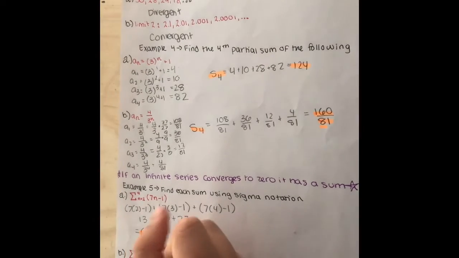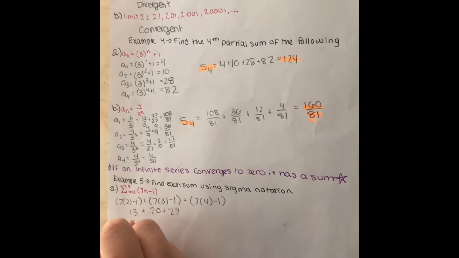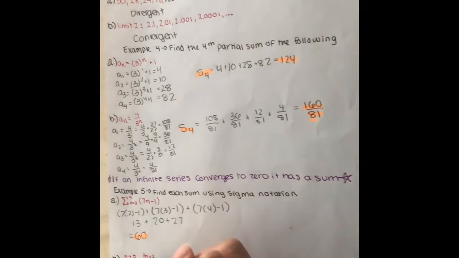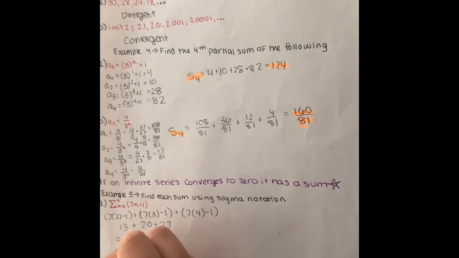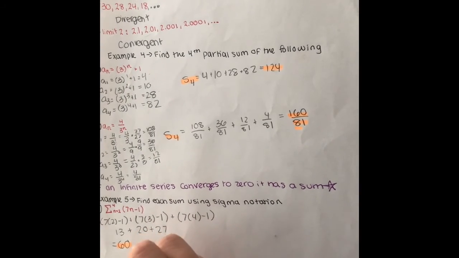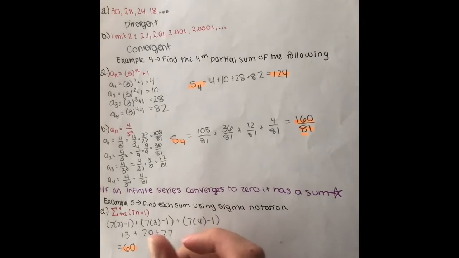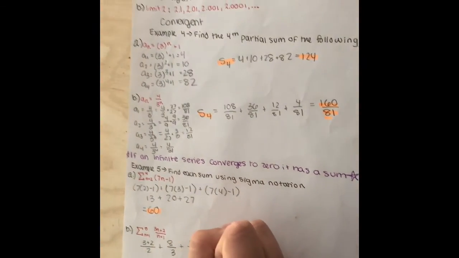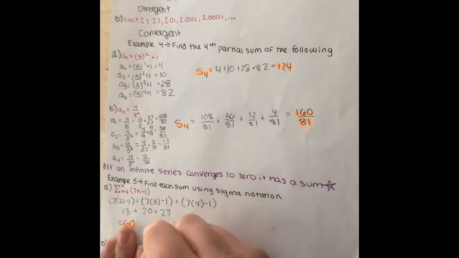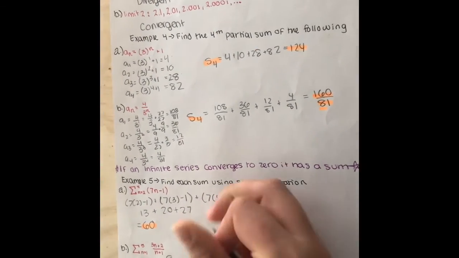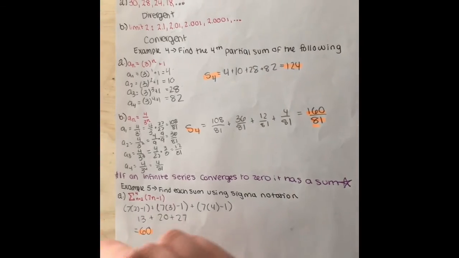So we're going to start at 1, so 3 times 1 is 3, plus 2, 5 over 2, plus 2 times 3 is 6, plus 2 is 8, over 2 plus 1 is 3, plus 3 times 3 is 9, plus 2 is 11, over 3 plus 1 is 4, oops, I skipped one. 4 times 3 is 12 plus 2 is 14 over 5, plus 5 times 3 is 15 plus 2, which is 17 over 6. Okay. This one's 5.